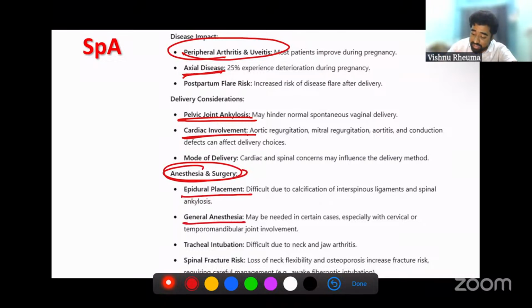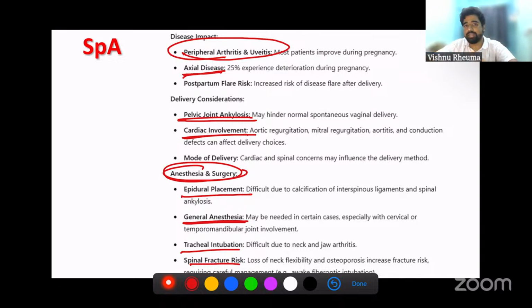Again, general anesthesia may be difficult, because there is ankylosis in the cervical spine and temporomandibular joint. If the patient requires an intubation, that can get very difficult. Tracheal intubation will be difficult because of the arthritis in the neck and the jaw. Spinal fracture risk, all of these are things you should take care of. For example, if a patient is admitted with spondyloarthropathy in your rheumatology ward, and she's pregnant, you should mention all of these.